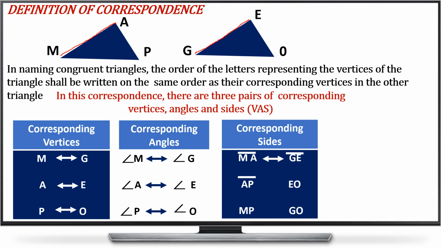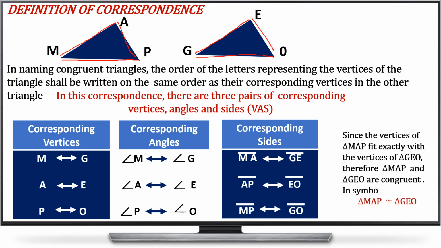Then, line segment AP, ito naman po yun, correspond to line segment EO. So, same position. And of course, line segment MP, same position, correspond to line segment GO. Ganun lamang po, maghanap ng kanilang corresponding parts of a given triangle.